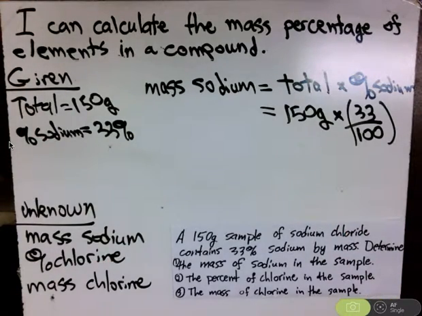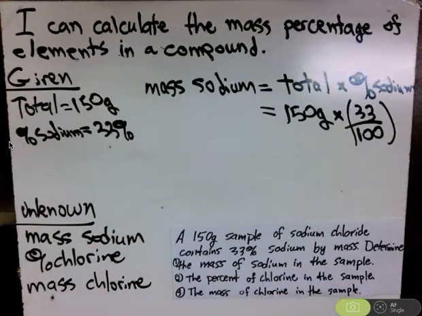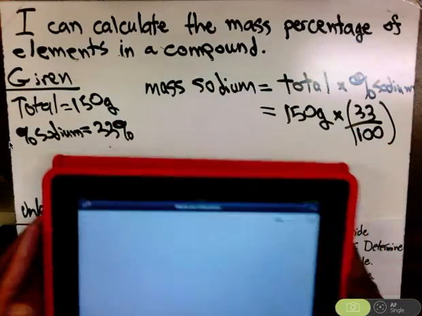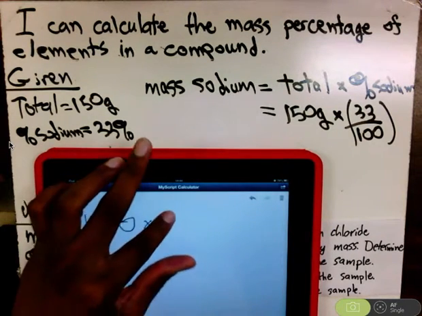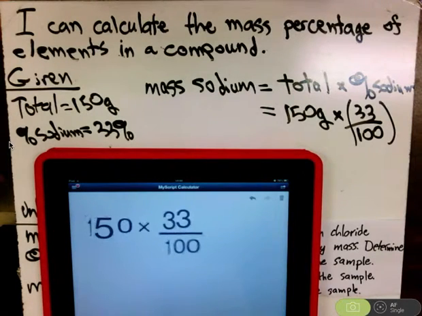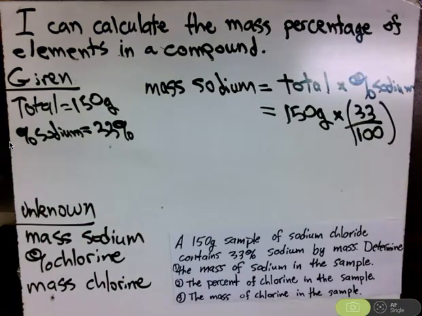So when I put that into my calculator, I'll say 150 times 33 divided by 100. And that's going to give me 49.5.